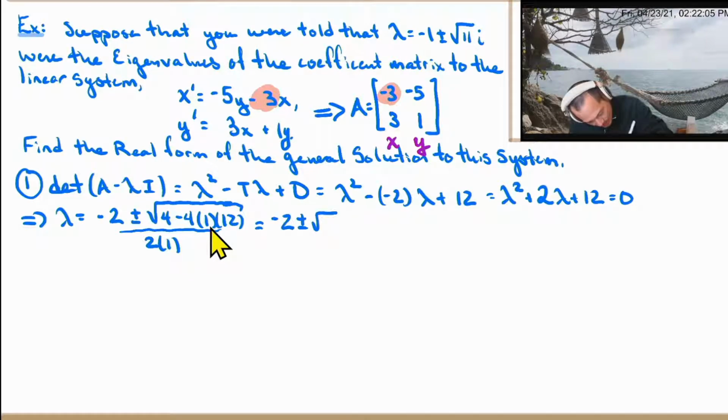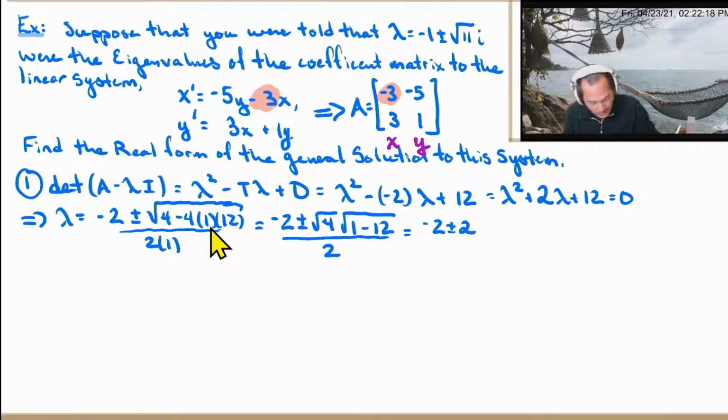And so I'll have the square root of 4 times the square root of 1 minus 12 all over 2. So I get -2 plus or minus the square root of 4 is 2. And then I have 1 minus 12, so that's the square root of -11 all over 2. And so that gives me -1 plus or minus the square root of 11 times i.